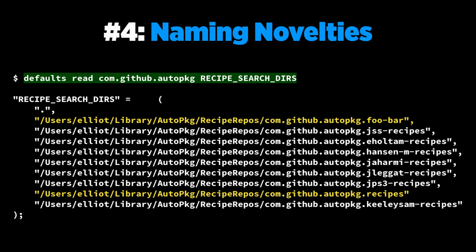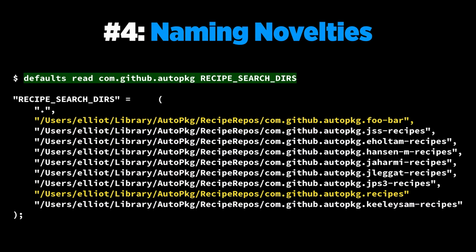And it starts with the dot, that's your current working directory. That allows you to cd into a particular path and run a recipe directly right from there. But then all the ones beyond that are your built-in search path. And typically those are the repositories that you've cloned from GitHub that contain the recipes that you care about. And that's a good thing. But know that the order of that matters.